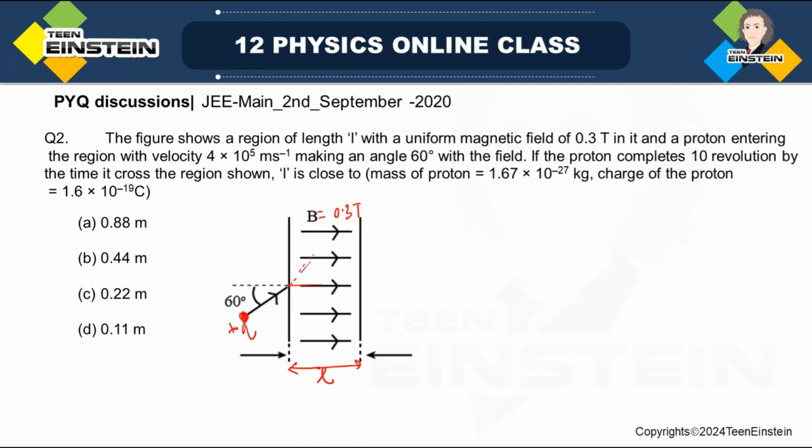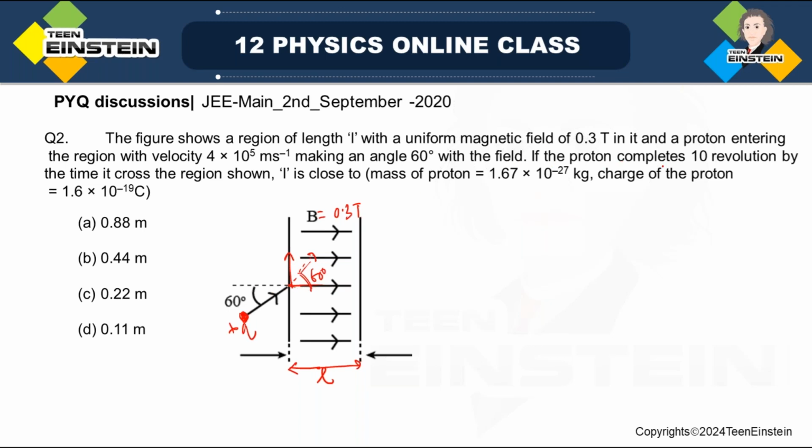So this is actually 60 degree with it. So it has got two components, one along this way, another along this way. So that's what I can say from this figure.